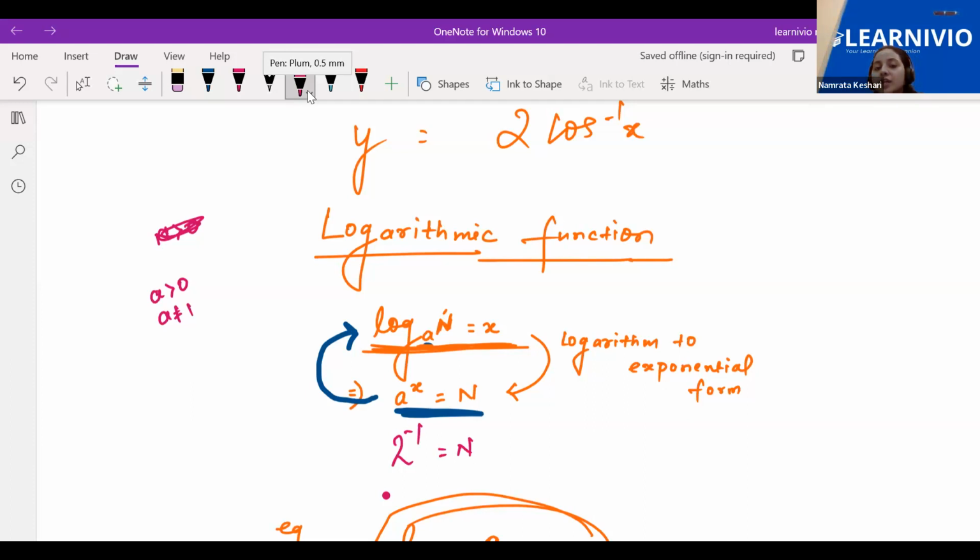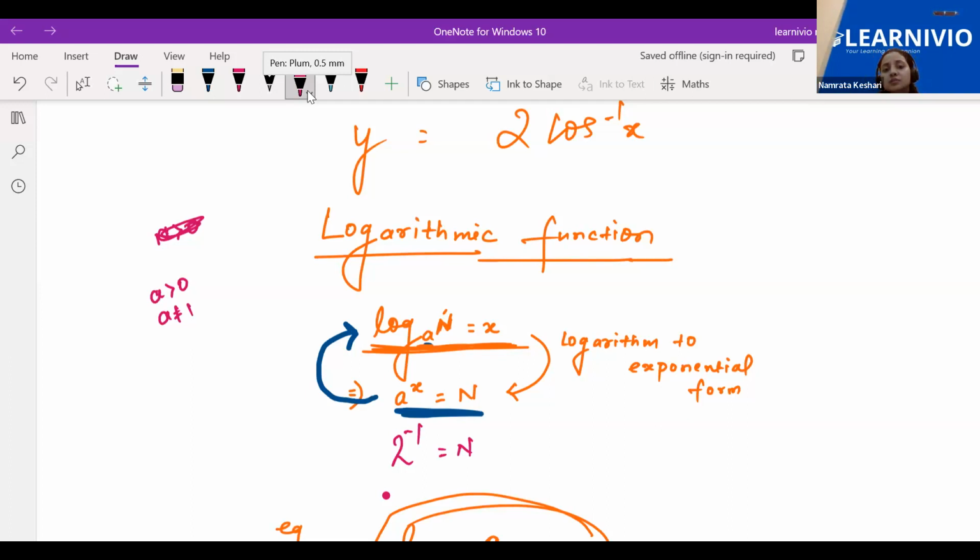Even if the power is negative, will n be negative, Annapurna? 2 to the power minus 1 means 1 by 2. So even though we take the power negative, the result will not be negative.